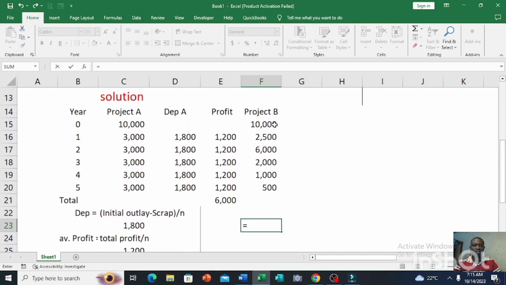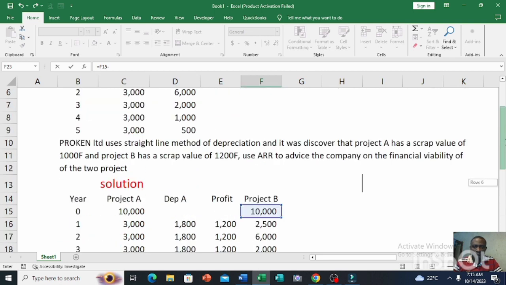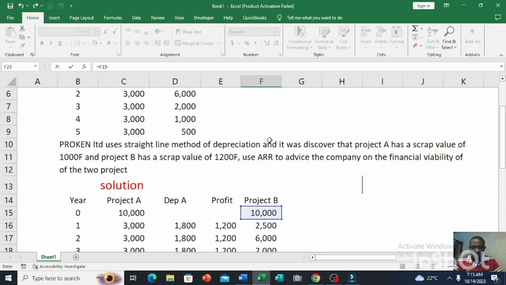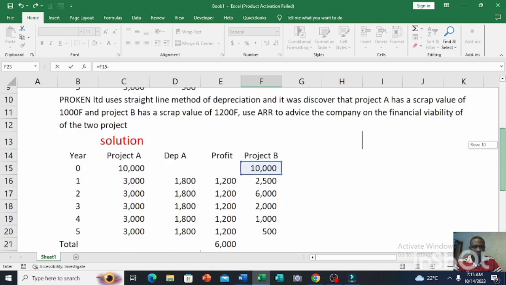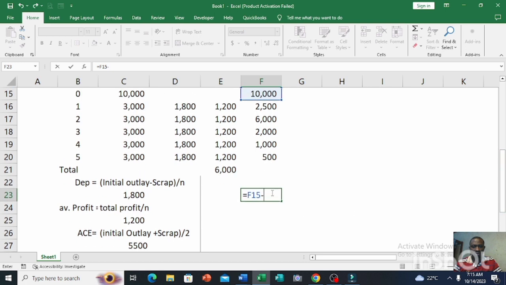I'm clicking on the 10k to save my time. 10k minus the scrap of project B. Project B has a scrap of 1,200 francs. So minus 1,200, divided by N. Our N is also 5 years. When you take 10k minus 1,200, equal to, please, you have an answer.